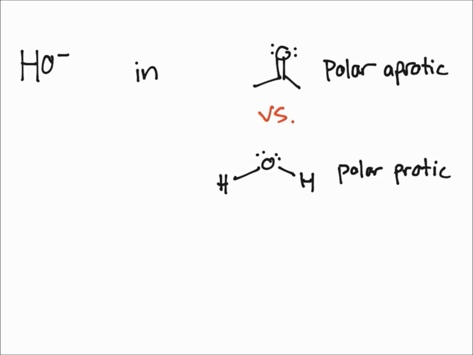We also have to remember what occurs with hydrogen bonding. In a polar protic solvent such as water, the negative oxygen on the OH minus is going to be attracted to that hydrogen, and essentially there's going to be hydrogen bonding.